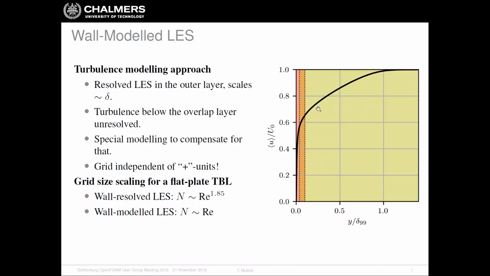Generally, when we talk about meshing a turbulent boundary layer, usually in RANS we say we have to put our first cell center at a certain y plus, and so on and so forth. In classical wall-resolved LES, we instead say we need y plus 1, let's say, for the first cell center, and we also need to take care of a delta x plus and a delta z plus, so in the wall parallel directions.